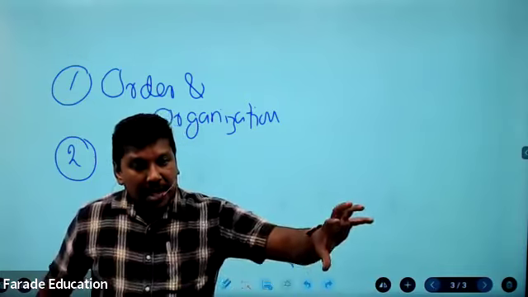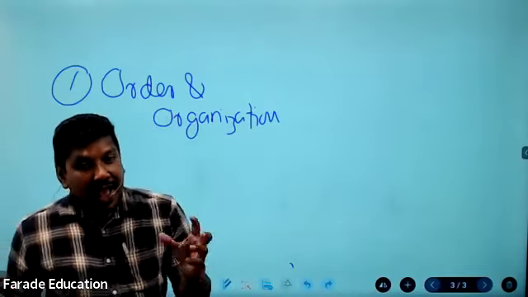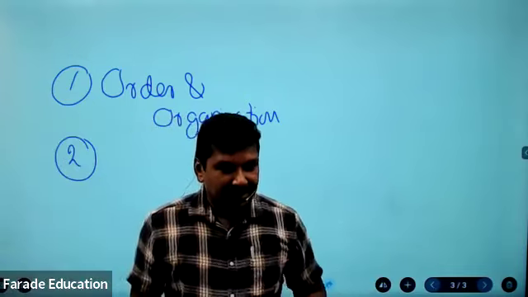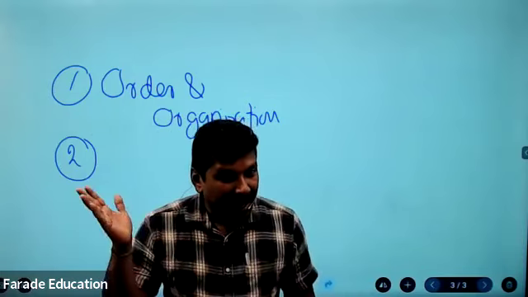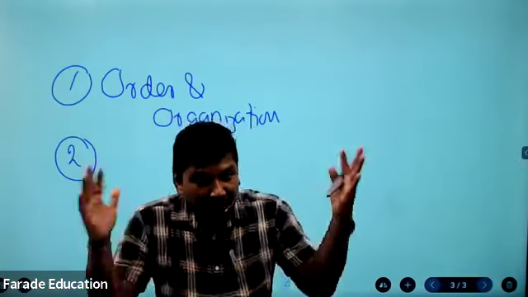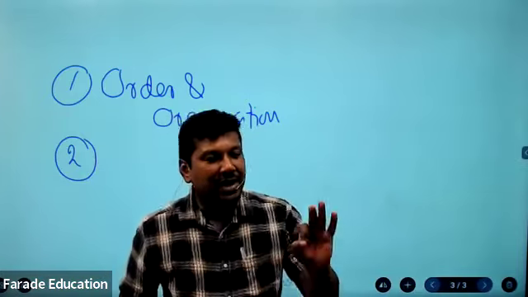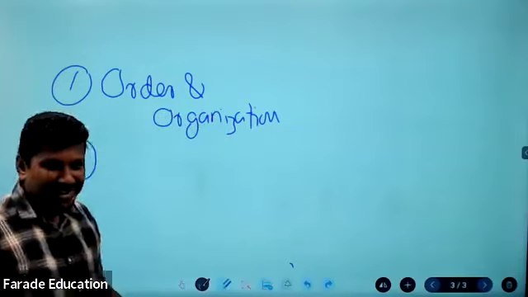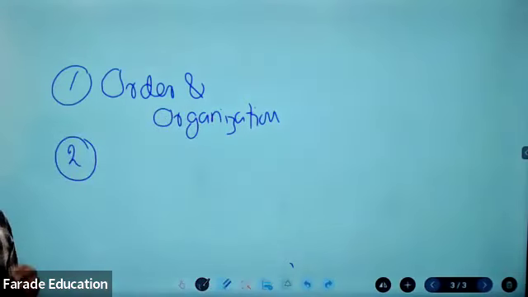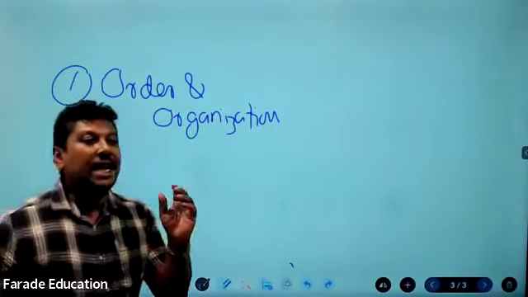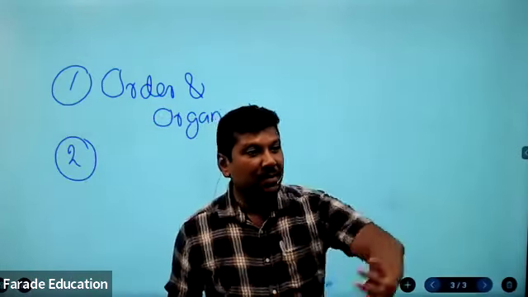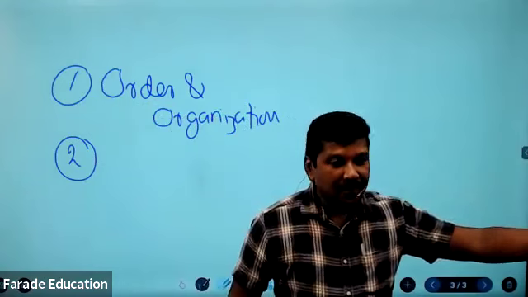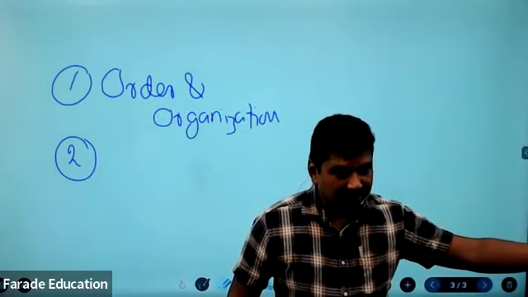Some of them are called anabolic reactions, from your O-level knowledge, and some are known as catabolic reactions. All of these together are known as metabolic reactions. These metabolic reactions are there only in organisms. There is no metabolism in non-living stones or any such thing.